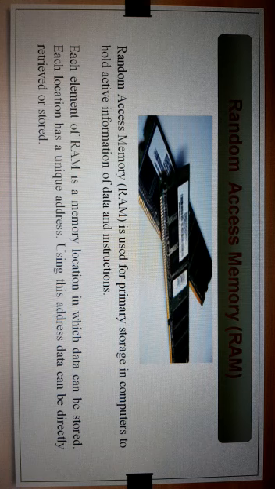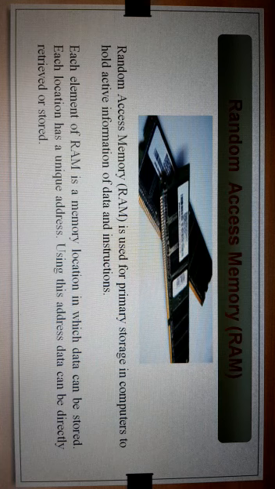Now, what's the difference between ROM and RAM? Basically, ROM stands for read-only memory, whereas RAM stands for random access memory. ROM is permanent memory or non-volatile memory. Why?